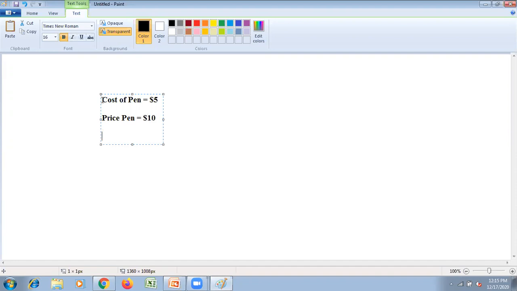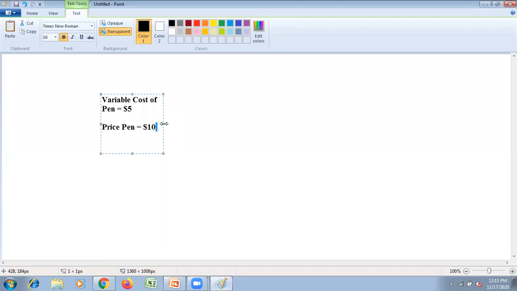Okay, so you are still getting $5 over and above your variable cost. This is cost of pen, that is actually variable cost. And you know that there is a fixed cost as well to find out the total cost. Okay, but right now we should not add fixed cost in it. There's a reason. Let me explain to you.